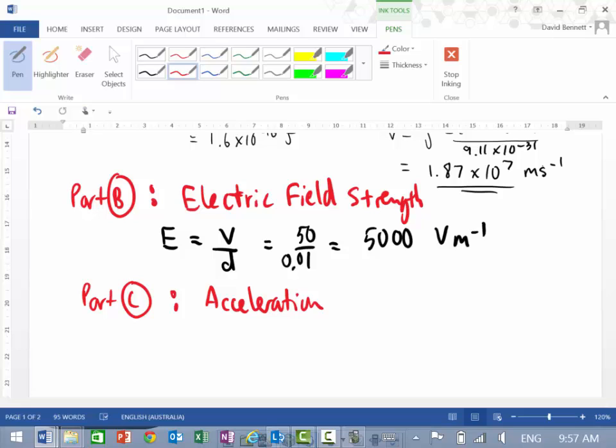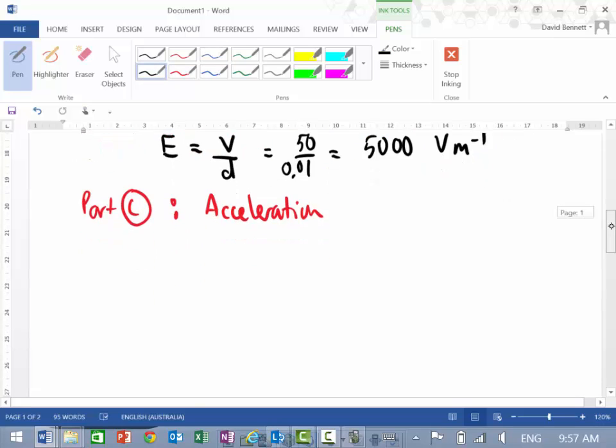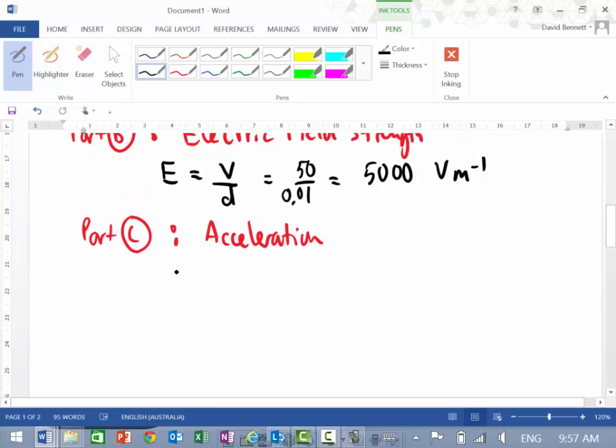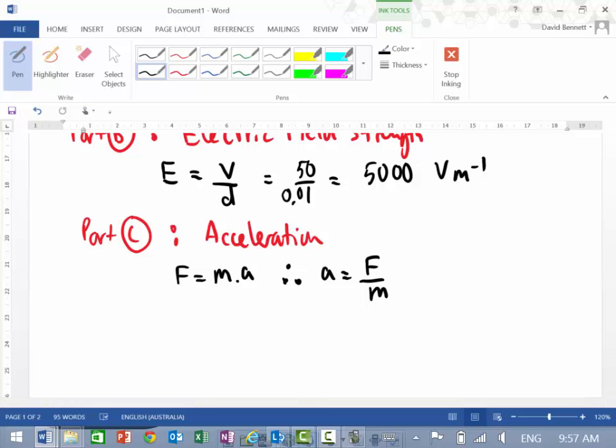Rather than remembering the formula, you do have a formula sheet, so it's got some of the stuff on it. We know that force is equal to mass times acceleration. So therefore, acceleration equals force over the mass. Now we know that the force is equal to what? What's electric force?